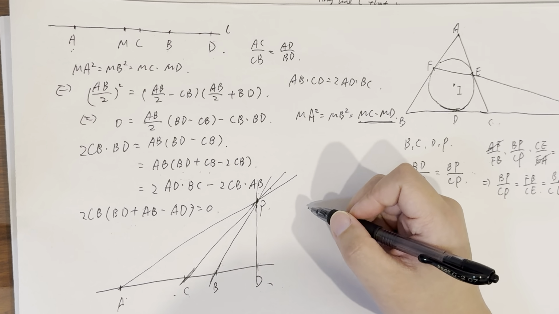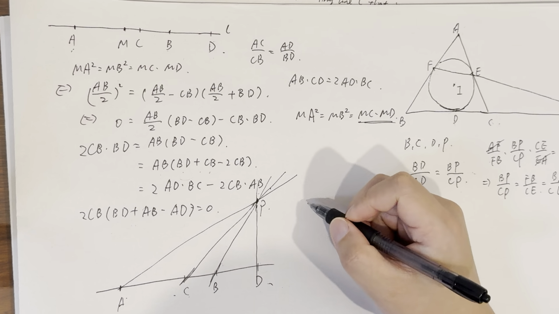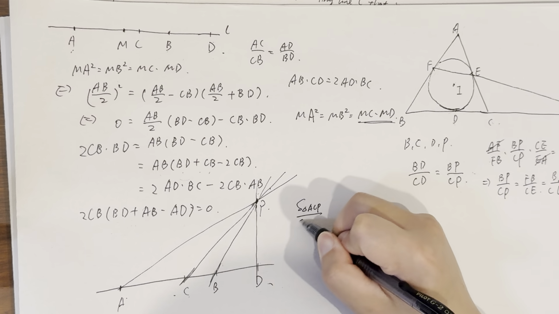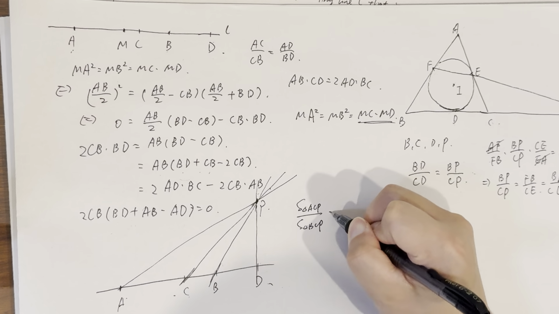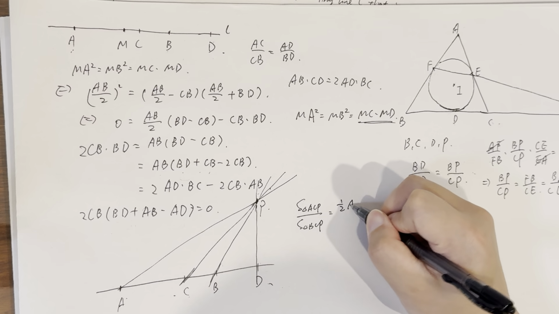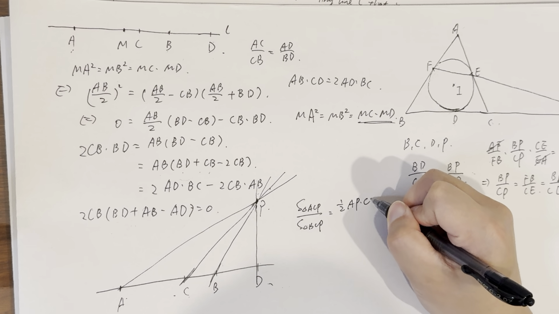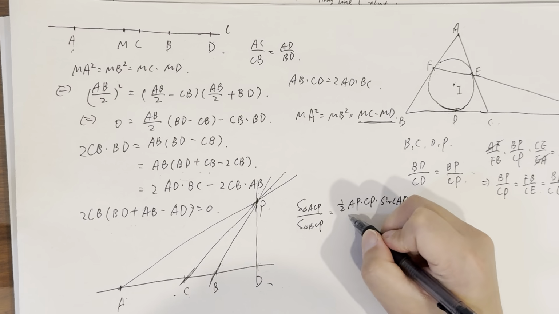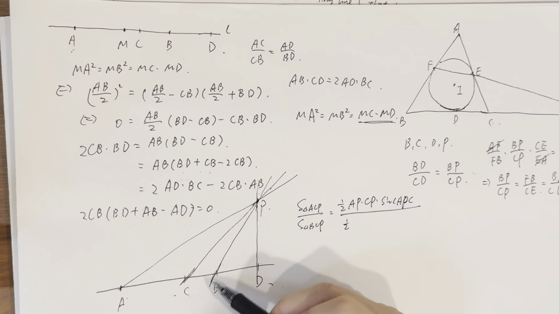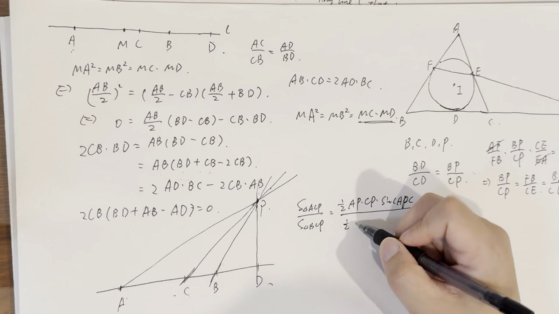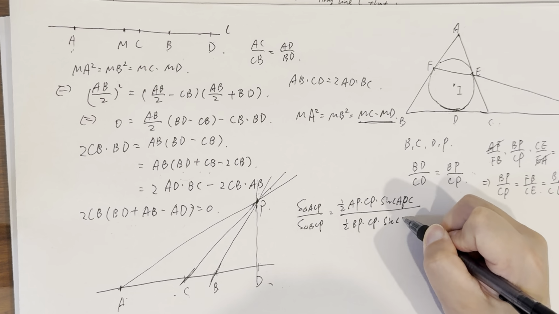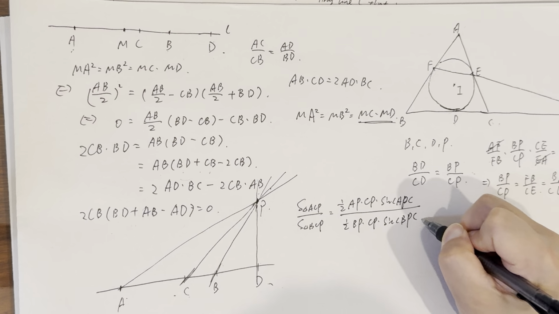Here, consider the area of triangle ACP to the area of triangle BCP. It equals half of AP times CP times the sine angle APC. And for the triangle BPC, that's half of BP times CP times the sine angle BPC.